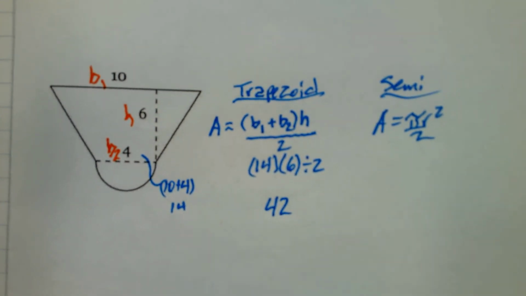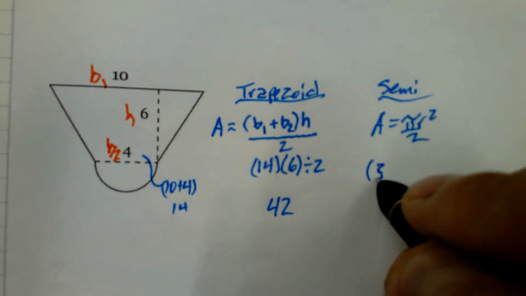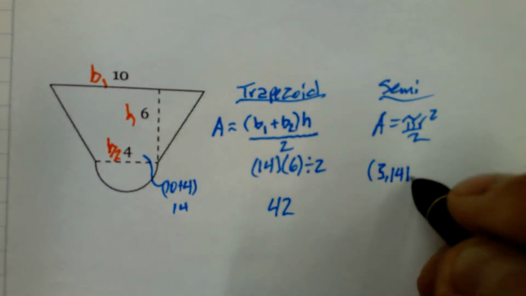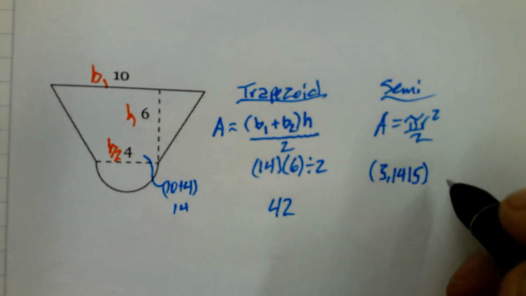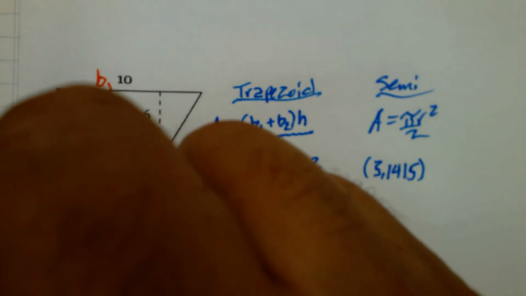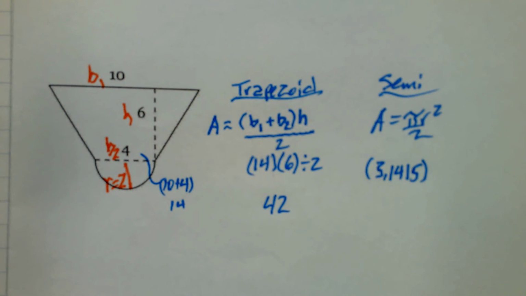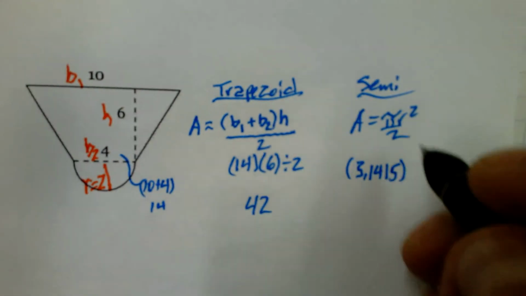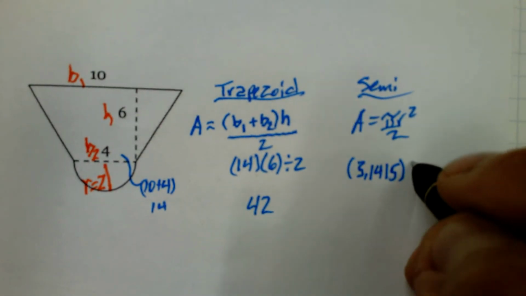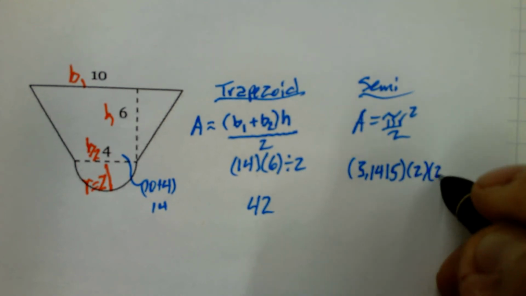And now let's do our semicircle. It's going to be pi, 3.1415, times radius squared. What's my radius? 2, yes. Radius is 2. They're always giving us diameter, so be sure to halve it and square those. So that's 2 squared, so it's 2 times 2 or 4.